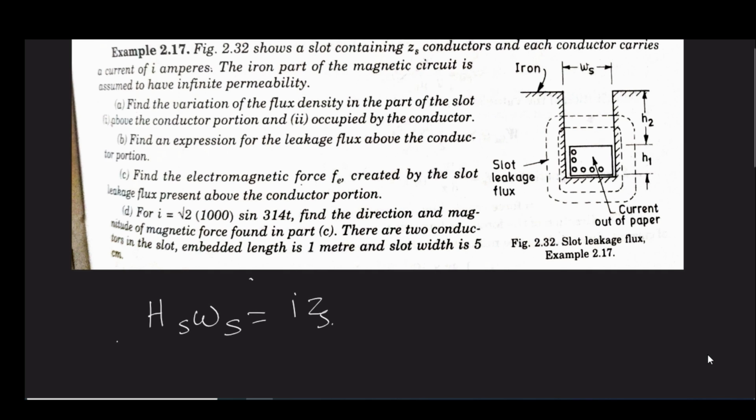So here this meter is given by this WS, that is this slot width, and if you multiply by this slot width, then you will get this IZS. Here I am intentionally explaining all these in detail so that you can get it properly, right?